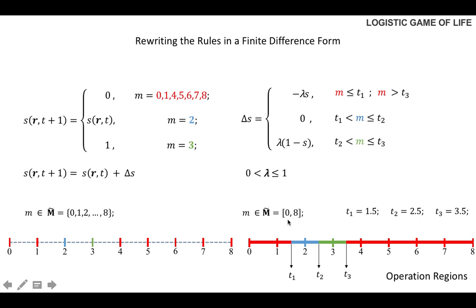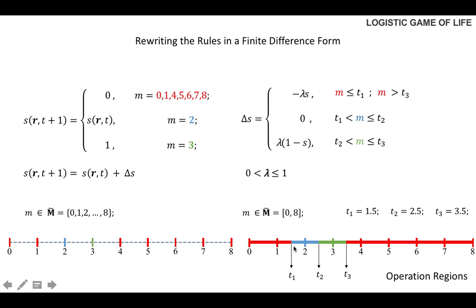So since you can have any number, instead of having these discrete states that would lead to operations like growth, decay, and stability, we now have operational regions. And we fairly attribute these regions, like this one should have 1 space, this one also should have 1.